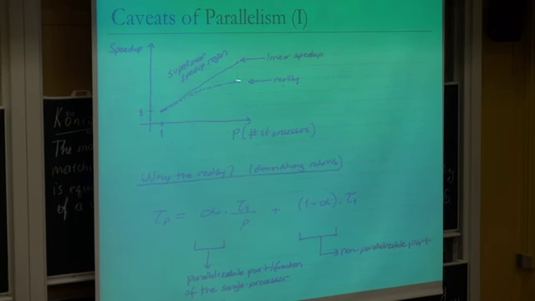Okay, so let's take a look at the caveats of parallelism. Why do you actually get these diminishing returns, if you will? Why don't we get linear speedup? Well, remember Amdahl's law? That's why you're doing the reading, right? Because you have a parallelizable fraction of the program, and this is the single processor execution time. The multiprocessor execution time with P processors, you can get by dividing the single processor execution time by P, where P is your number of processors.